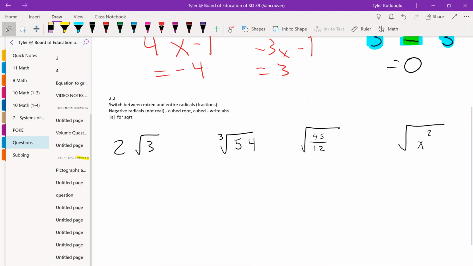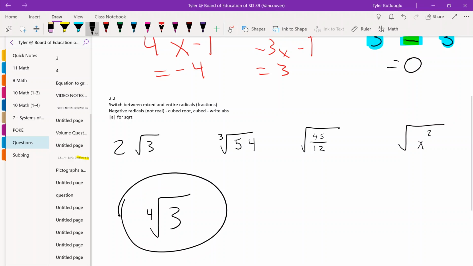2.2 is all about radicals. So when we have stuff like this, I want to give you proper terminology so that you know and you can use it properly. So let's say we had 3 and then a 4 here. The entire thing is called a radical.